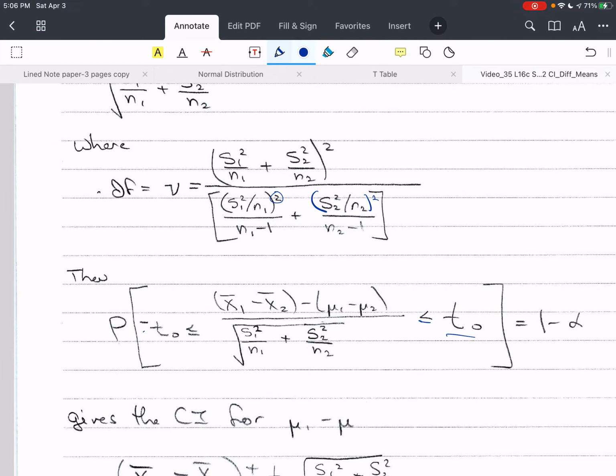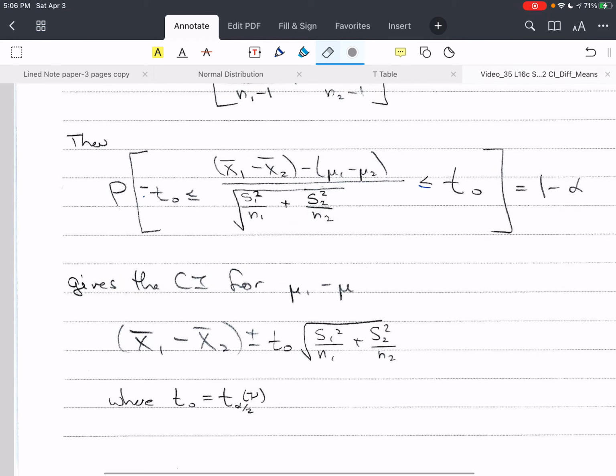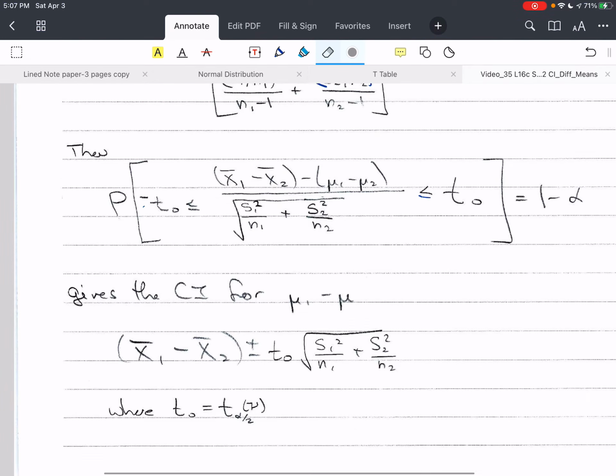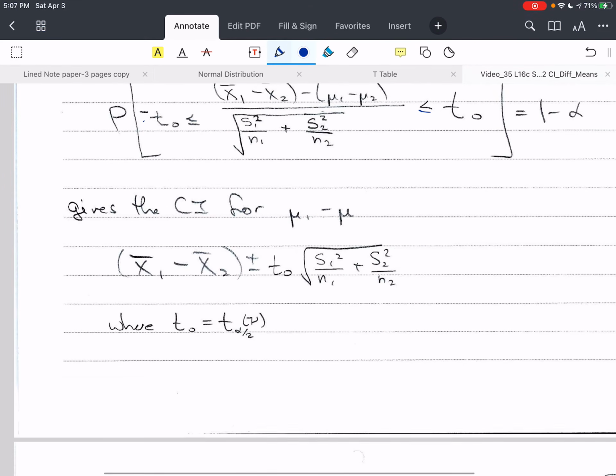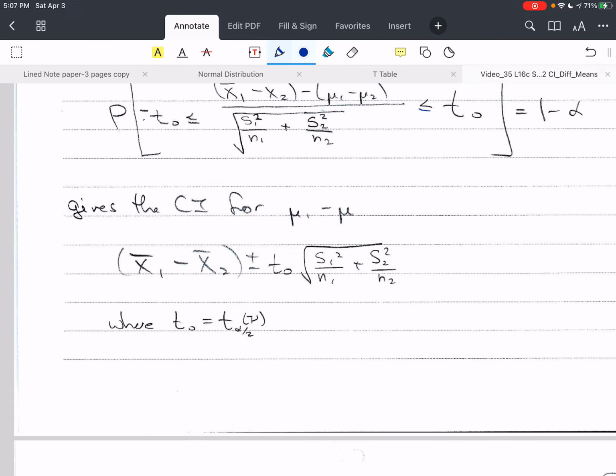If we set that probability to 1 minus alpha, then the confidence interval is given by x bar 1 minus x bar 2 plus or minus t naught times the square root of s1 squared over n1 plus s2 squared over n2. This is not a terrible calculation, but the degrees of freedom make this a little bit cumbersome if you're going to do it by hand, as we'll see. And t naught here is equal to t sub alpha over 2 with nu degrees of freedom.